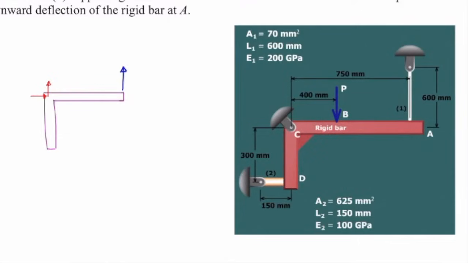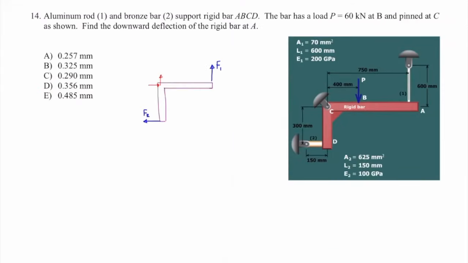The rod 1 force goes upward and force in element number 2 goes to the left because they should be outward from the cut section. So let's call them F1 and F2. And sum of moments about C. Also, in addition to that, there is a force P, which is 60 kilonewton over here.